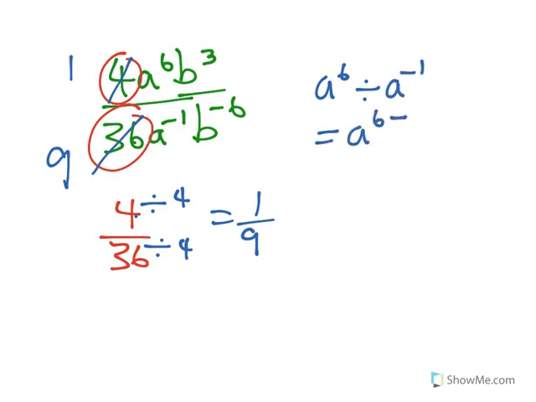A^6, and then you go minus -1. If you subtract a negative, you actually add it on. A negative minus a negative would be a positive.